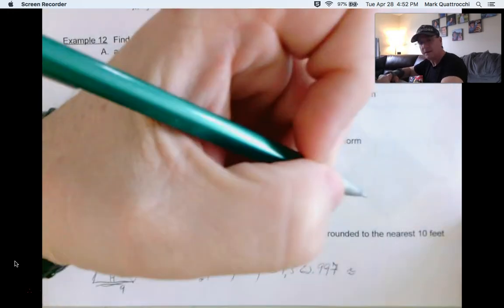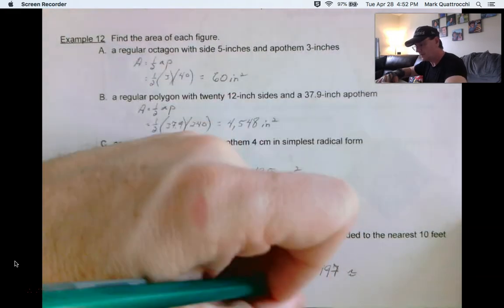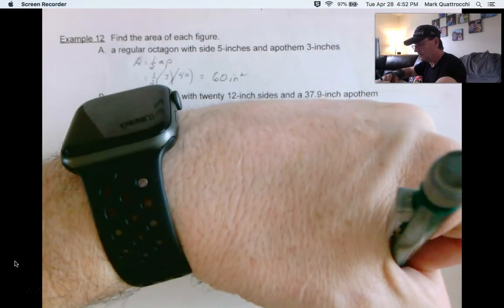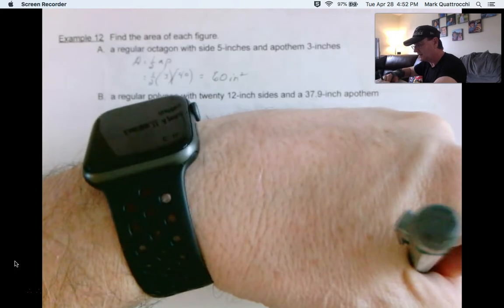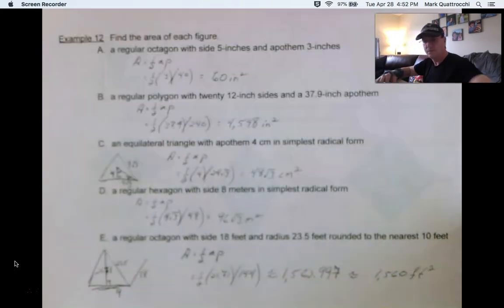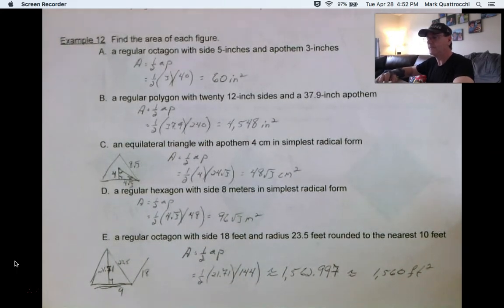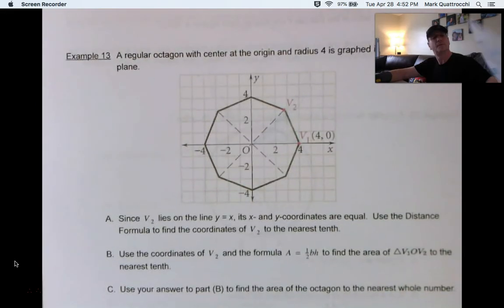But we want it rounded to the nearest 10 feet. So we're going to do 1,560 feet squared or square feet. That's example 12.